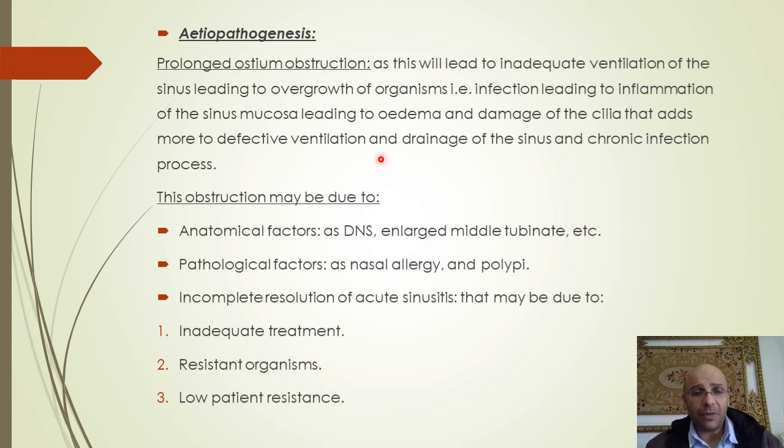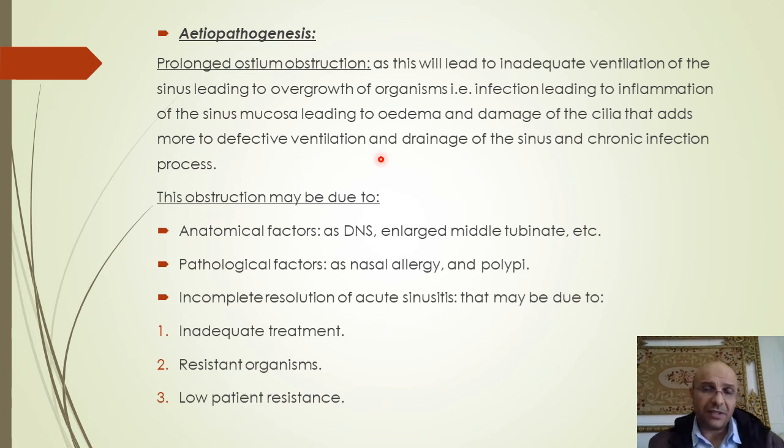This obstruction may be due to anatomical factors like deviated nasal septum (DNS), enlarged middle turbinate, etc. Pathological factors: nasal allergy, polypi, nasal masses, inadequate resolution of acute sinusitis, which is the famous triangle: either resistant organism or inadequate treatment. We said that in acute sinusitis, adequate treatment is 10 to 14 days.